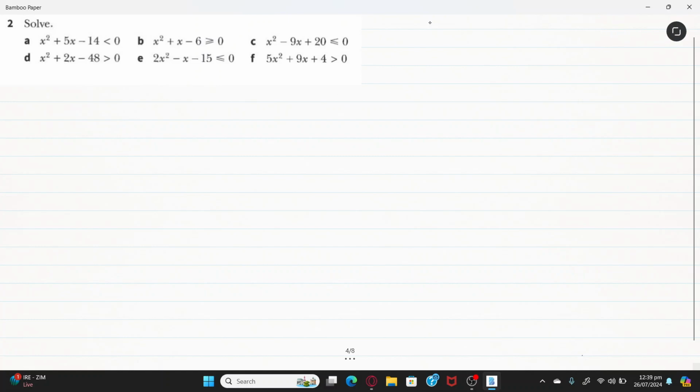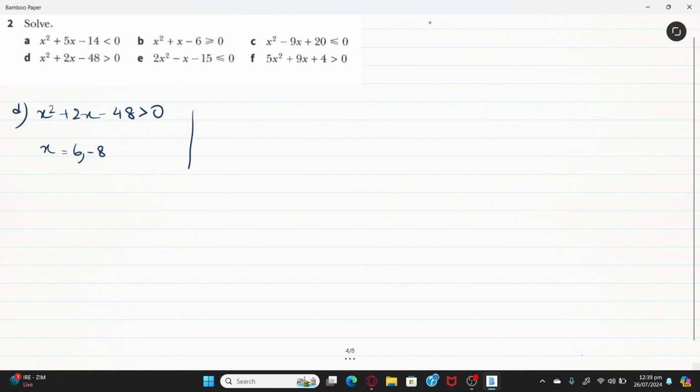Okay. So for part D, we have x squared plus 2x minus 48 is greater than 0. Again, solve this up. I'm going to use my calculator again. So 1, positive 2, and negative 48. We are going to get two values, x equals 6 and x equals negative 8.